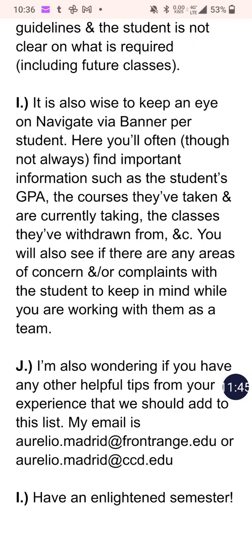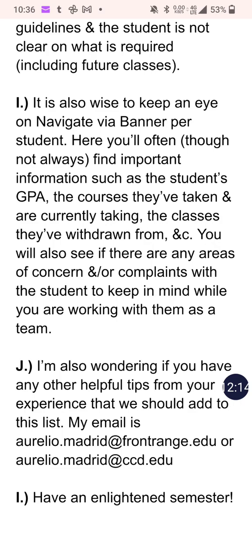You'll also see if there are any other areas of concern or complaints with the student to keep in mind while you're working with them as a team. So this could be something that you discover to open your eyes as far as problems that you could deter with the student as you are working with them as a team.